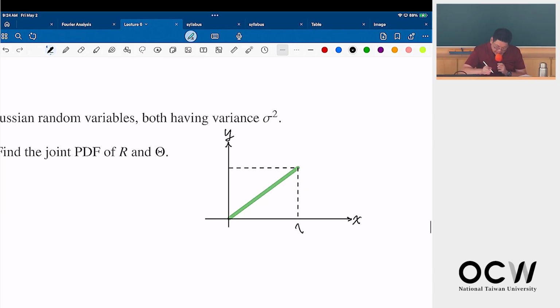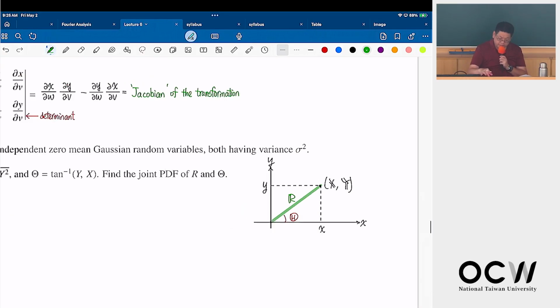So I have an x and y at this point. That's xy, and here is my theta and also my radius r.